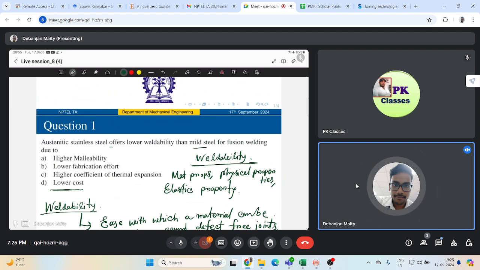That is the parameter which will govern the weldability of these two structures. Okay. So my right option is option C.